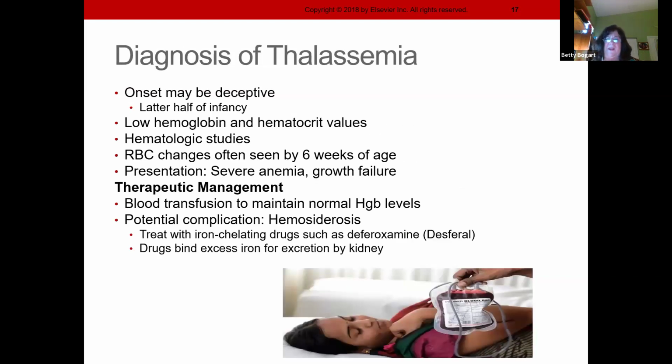One of the things is you're born with mommy's blood. So initially, you don't see that a child has thalassemia, okay, because the cells look okay. But at about 6 weeks of age, their cells change, and that's when they see it. What we'll usually see is a child, and of course, what's in those red blood cells?